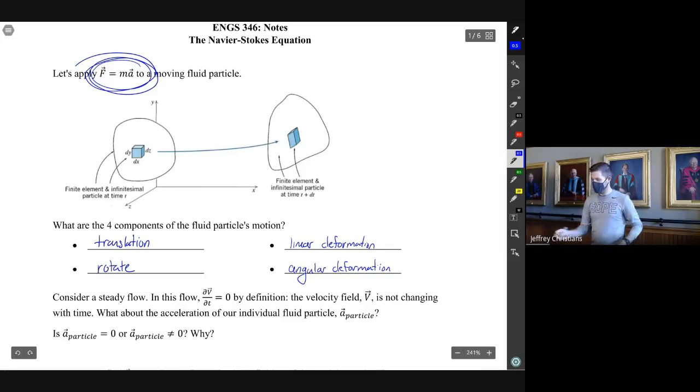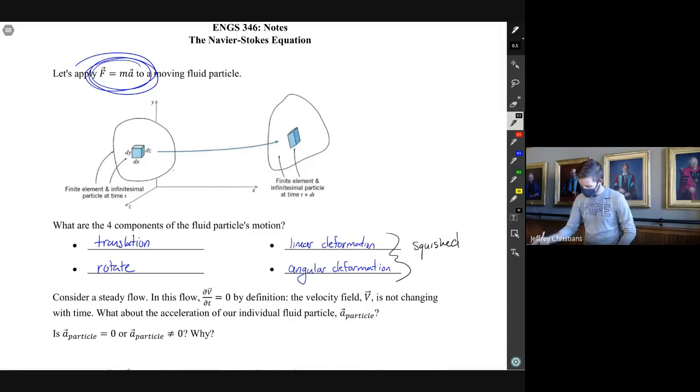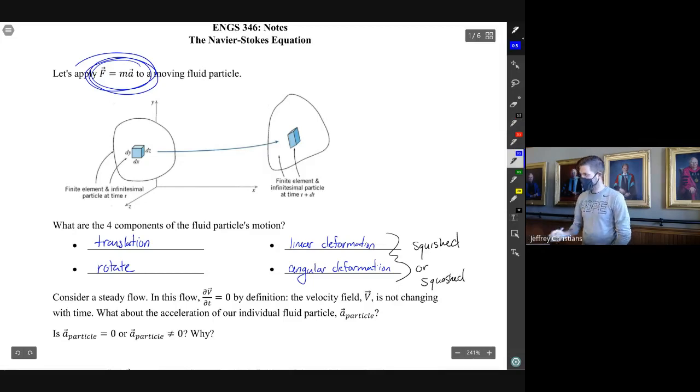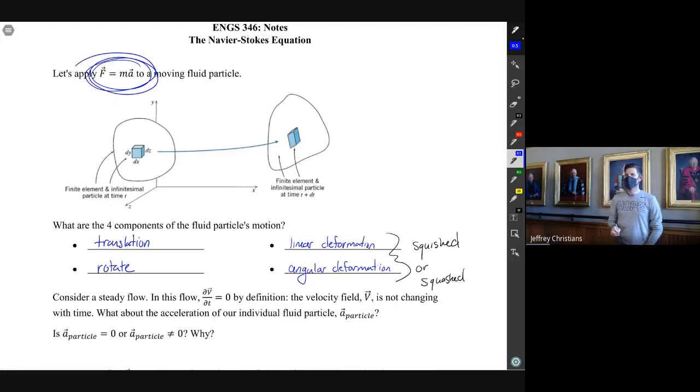So what do I mean by linear deformation and angular deformation? You as a fluid particle could be squished, or you could be squashed. These are the technical terms, of course. We only learn the technical terms. Because you're not a solid, you can be squeezed and squished and have all kinds of different deformations that a solid body wouldn't have.